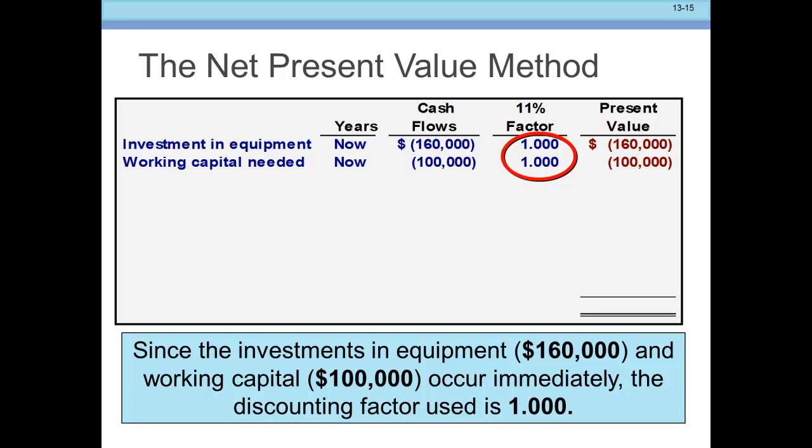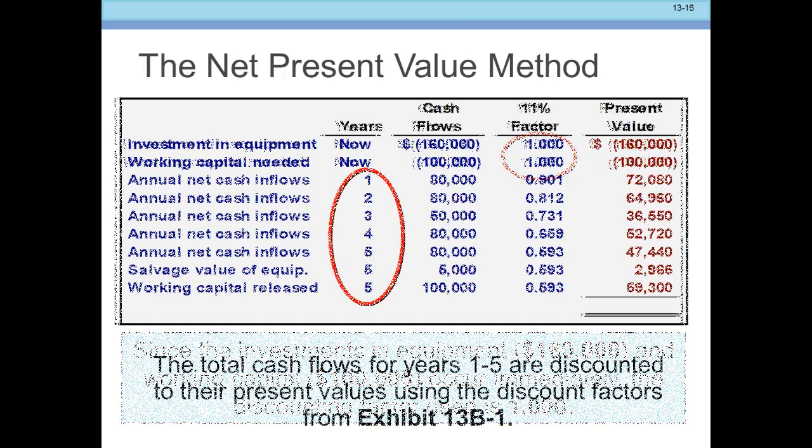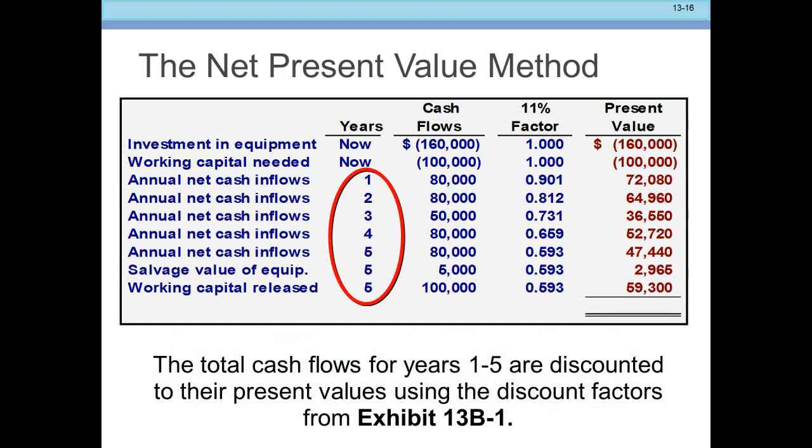As before, let's reflect the immediate cash outflows first. Then we could reflect the net inflows or outflows for each year. Notice how the annual cash flows are reflected as single cash flows for each year.